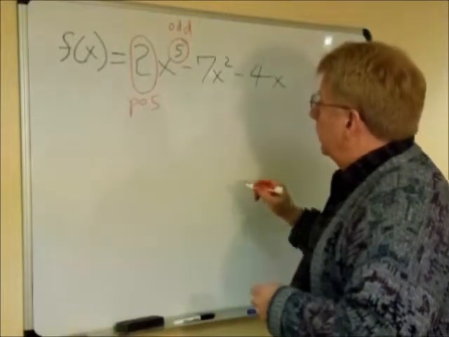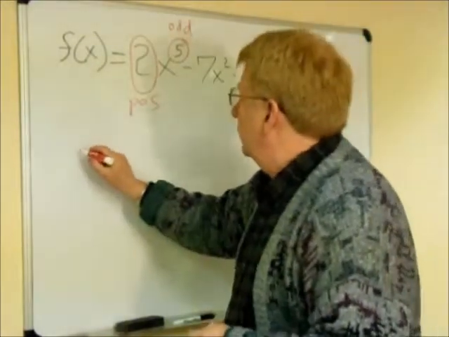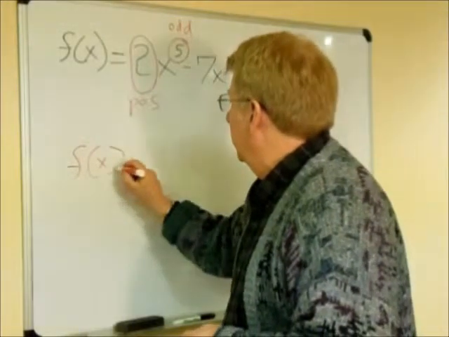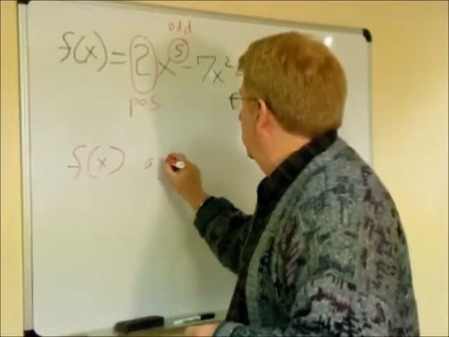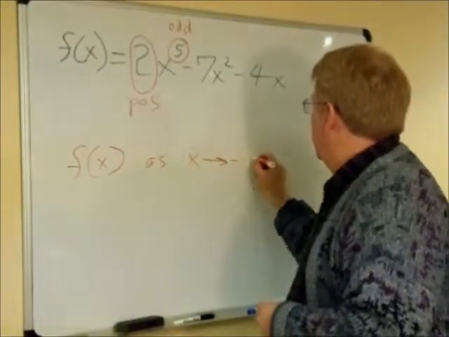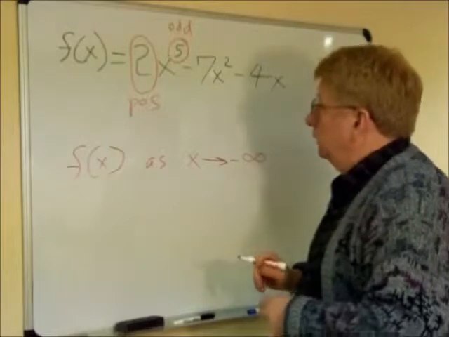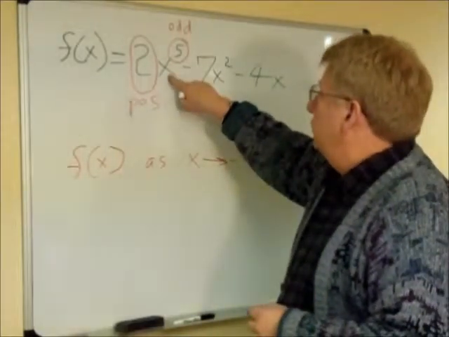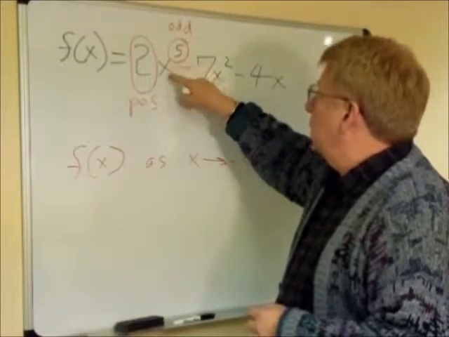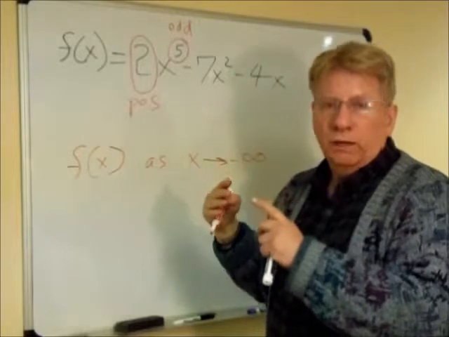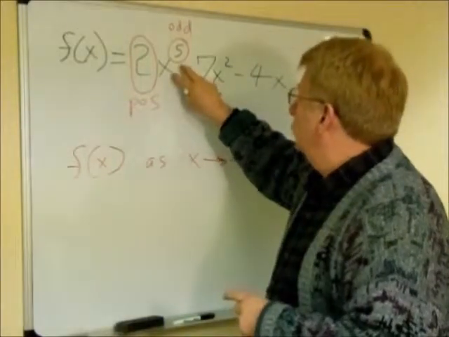So the question is, f of x as x approaches, let's say, negative infinity. As x approaches negative infinity, it's an odd exponent, so it's not going to be a negative times a negative, so it will approach a negative.